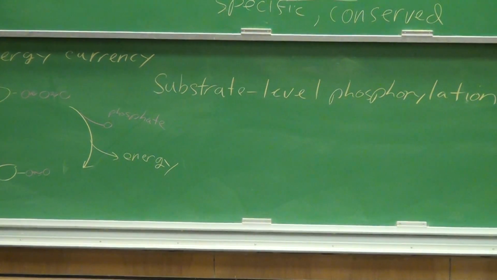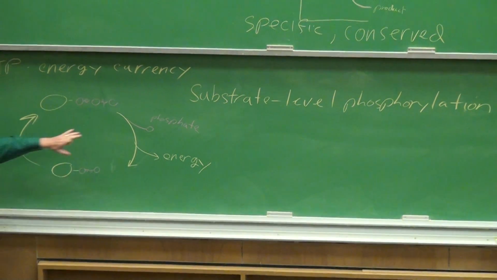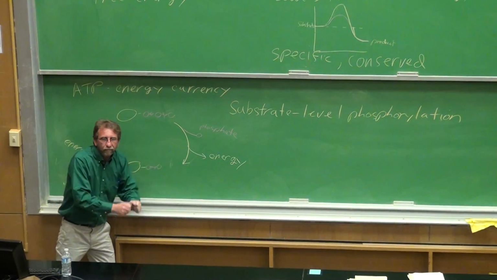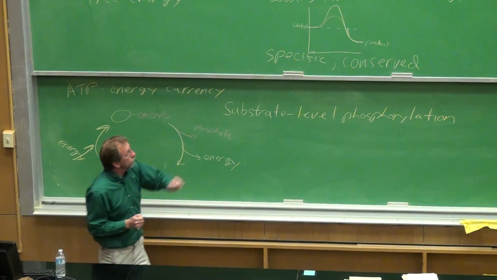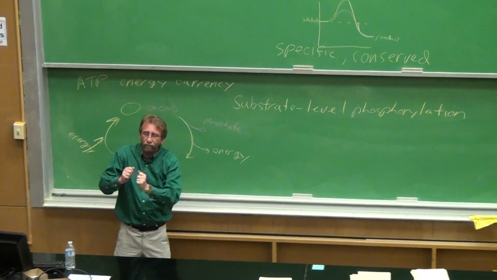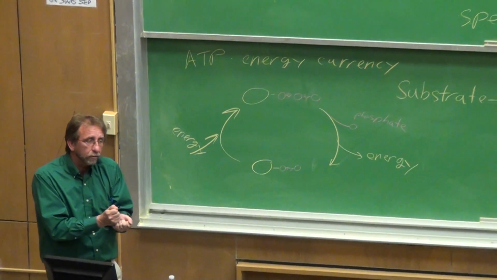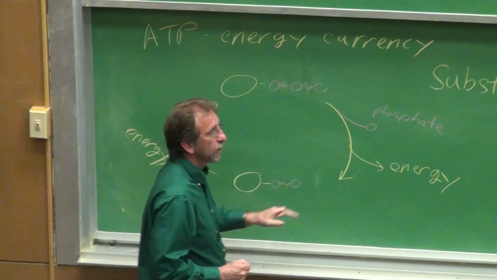In substrate level phosphorylation, what's happening here is we are generating an ATP molecule directly from the breaking of the substrate. So when we break a glucose molecule, for instance, if we were able to generate ATP directly from the breaking of that molecule, that is substrate level phosphorylation.